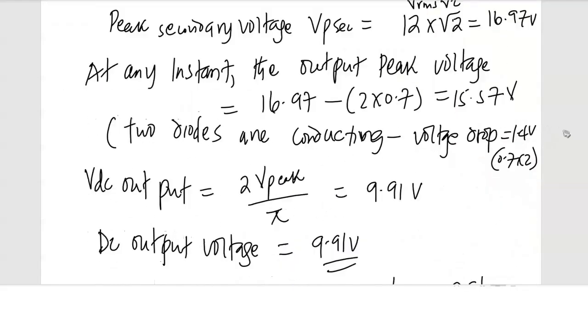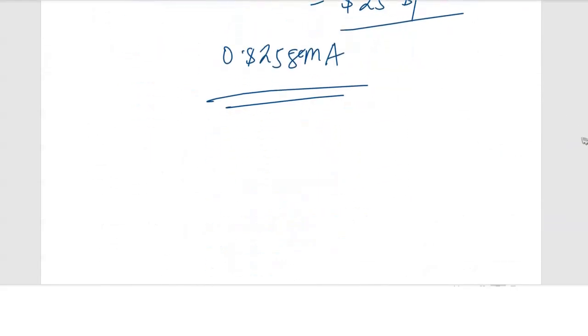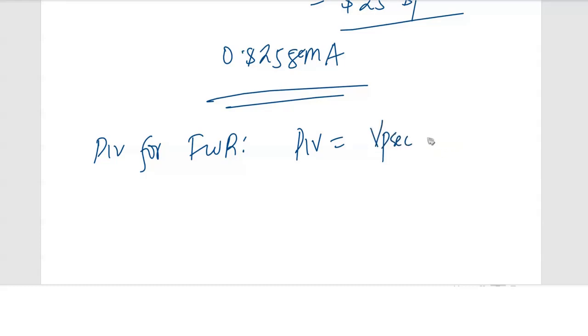Now, if we wanted the peak inverse voltage, PIV, for this full wave rectifier, the PIV would be the V peak secondary minus 0.7.